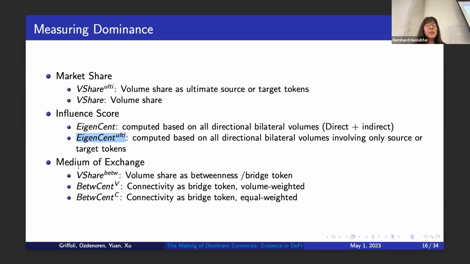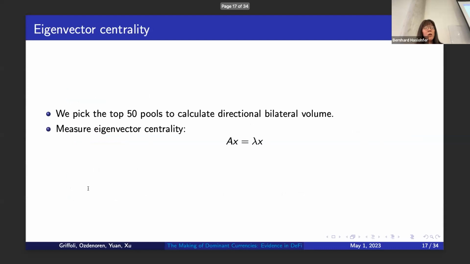And lastly, we look at the trades that are purely to lower transaction costs. That is the medium of exchange role of money. All these measures are based on betweenness volume, volume share, or betweenness centrality, either equally weighted or volume weighted.